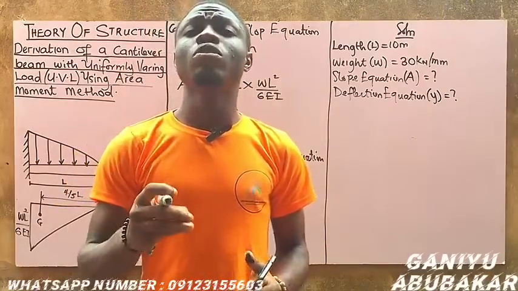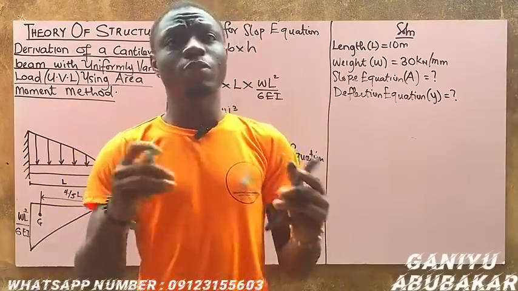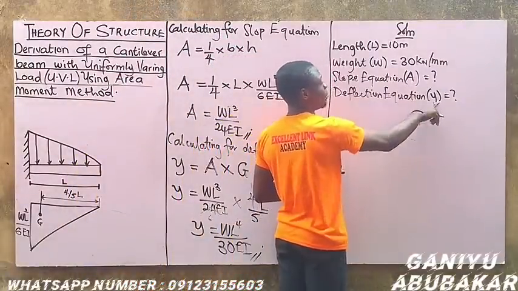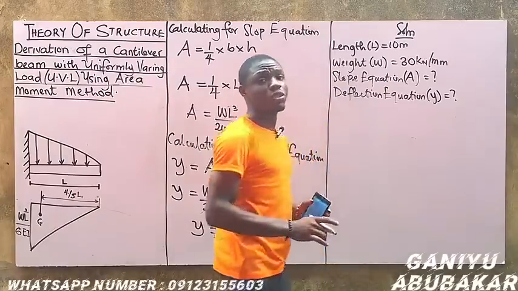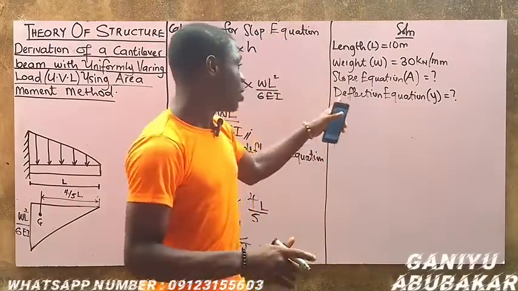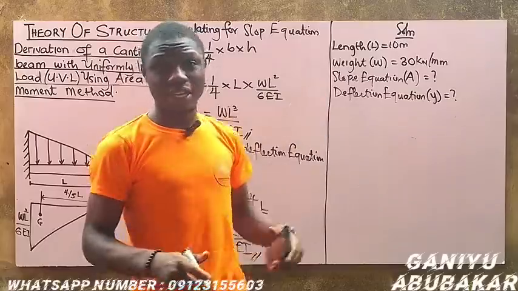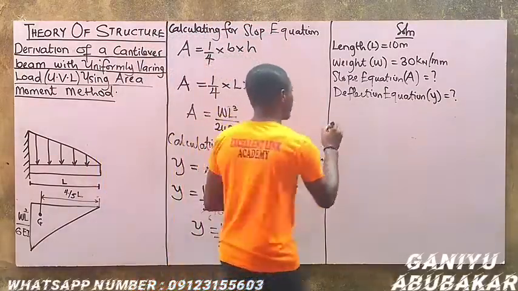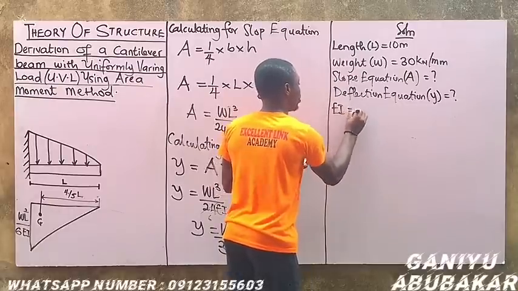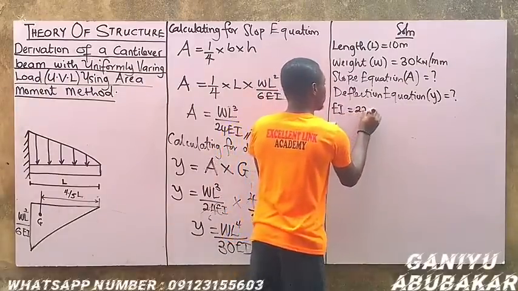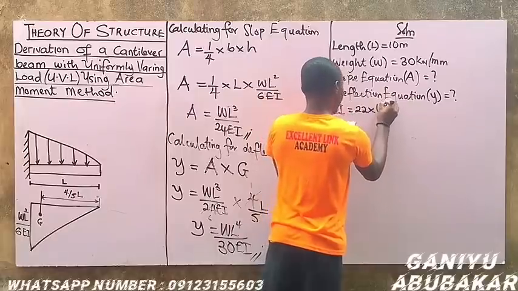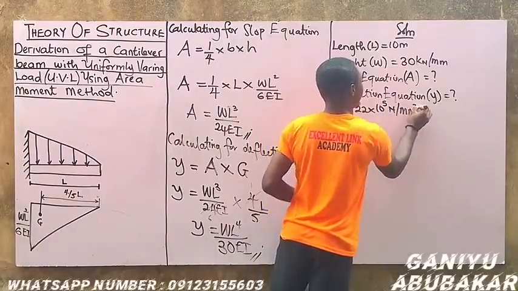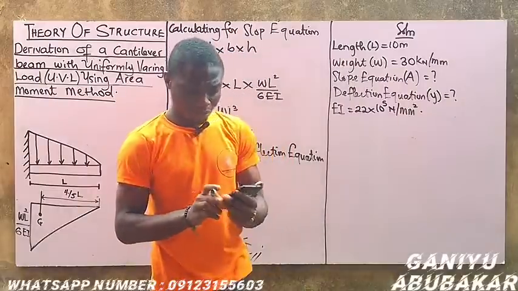If I'm told to use double integration method, it means that I will not use A, I'll use C instead. This Y remains the same thing. But in this case, I'm using the area moment method. So the slope equation becomes A because I'm using area moment method. So take EI. I'm given the value for EI to be equal to 22 times 10 to the power 5 Newton per millimeter squared.